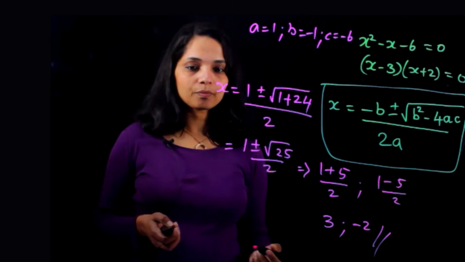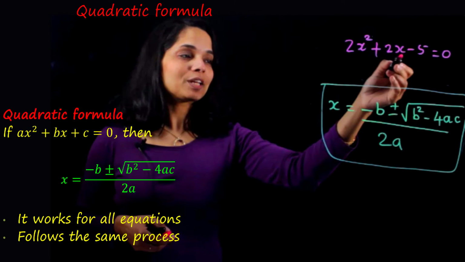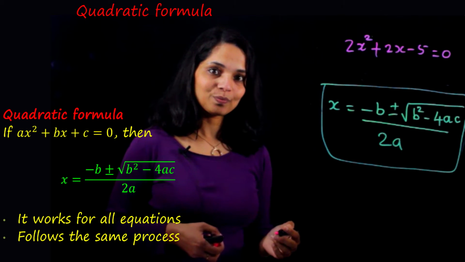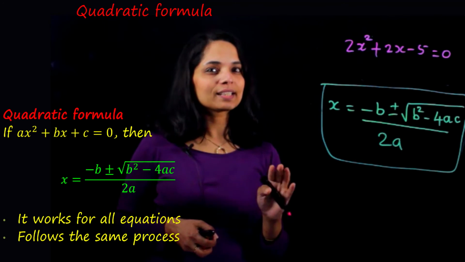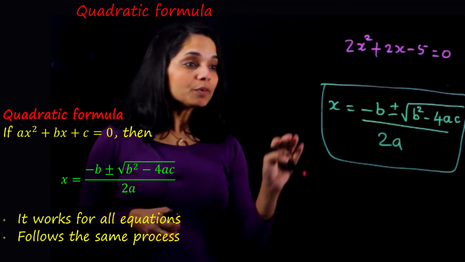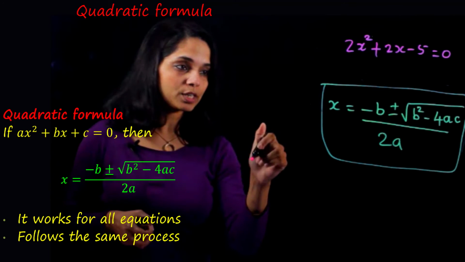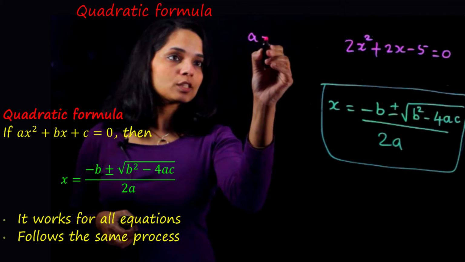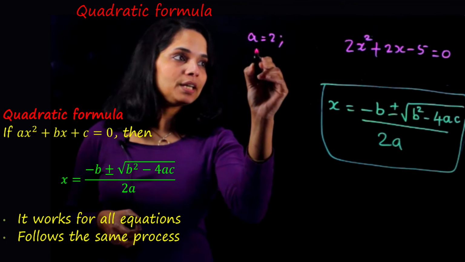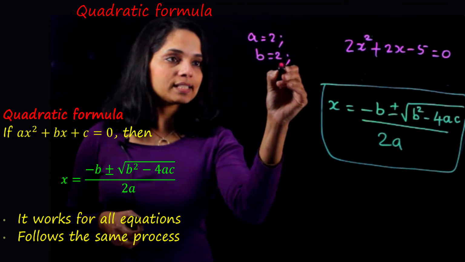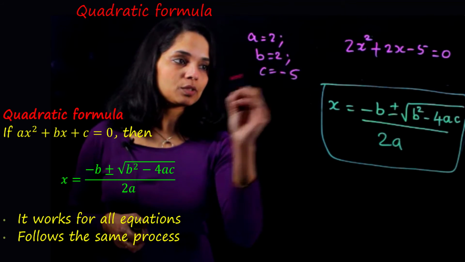One such example is 2x squared plus 2x minus 5 equals 0. Factorizing is really tricky here, but we can use the quadratic formula quite easily to find the solution. Here a equals 2, b equals 2, and c, the constant term, is minus 5.